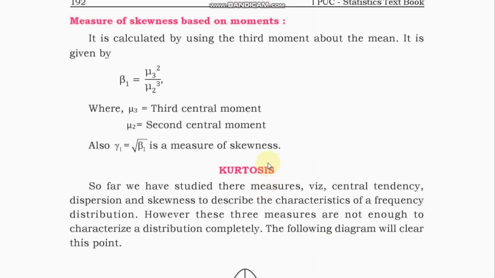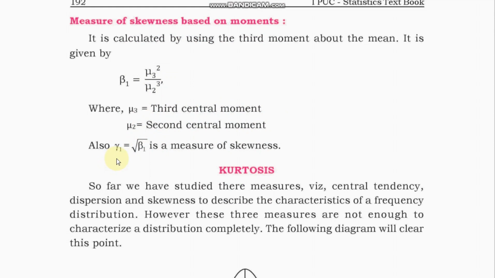Next, similarly, we have measures of skewness based on moments. As we previously dealt with moments, beta 1 refers to skewness and beta 2 refers to kurtosis. So beta 1 here is given by mu 3 square by mu 2 cube, where mu 3 is the third central moment and mu 2 is the second central moment.